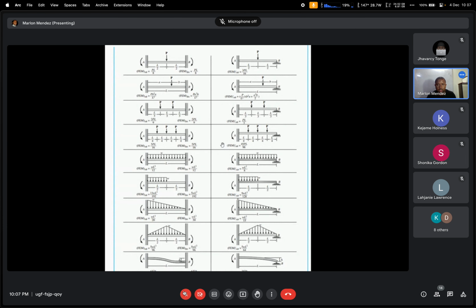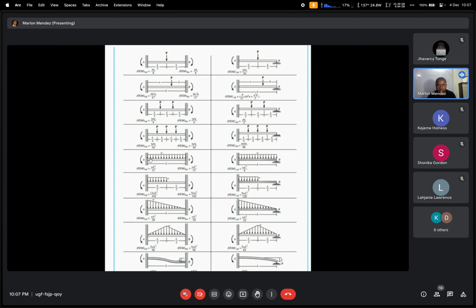Good. The key in terms of the different steps in the moment distribution, when you come upon solving the fixed end moment, is this table that is being applied. The loading on the beam can be in any of these forms. You get what I'm saying?